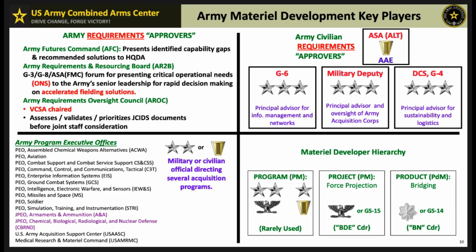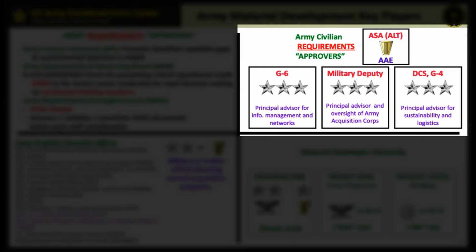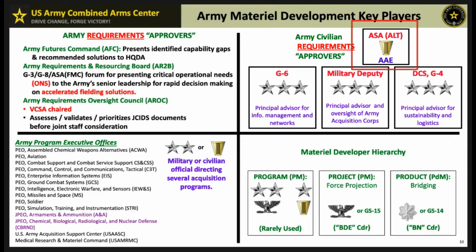Army Civilian Requirements Approvers, that's up in the top right quadrant. These include the Assistant Secretary of the Army for Acquisition, Logistics, and Technology, the ASALT, the Army Acquisition Executive, AAE, oversees acquisition matters.